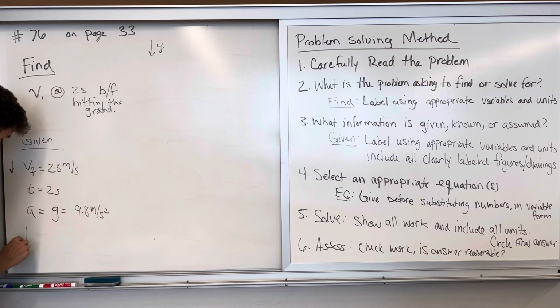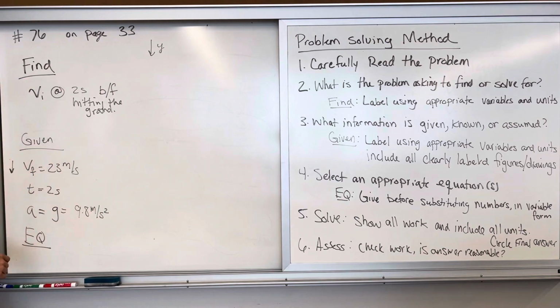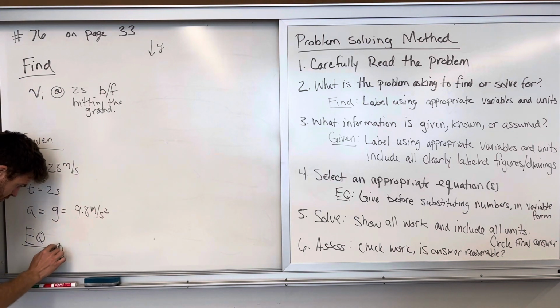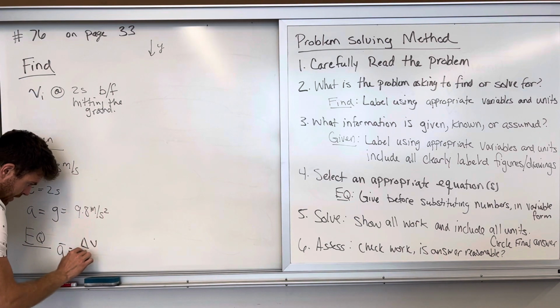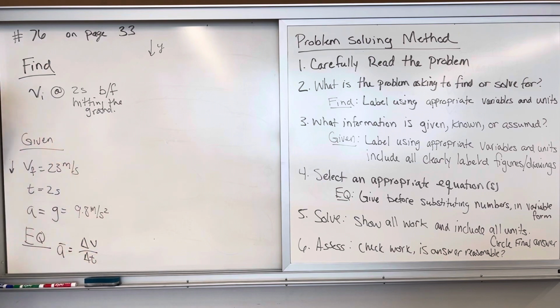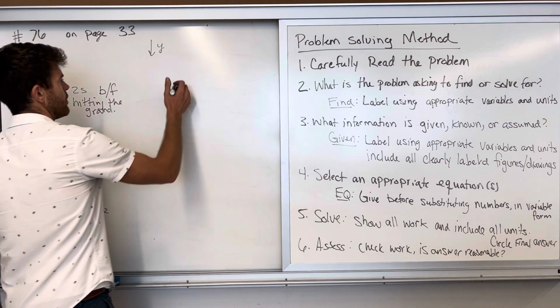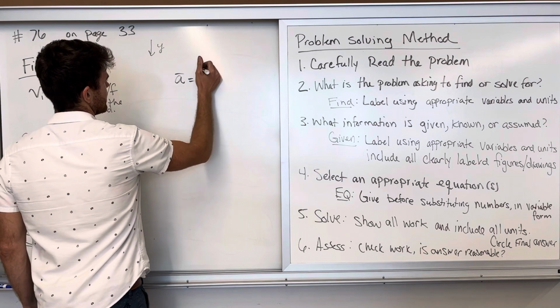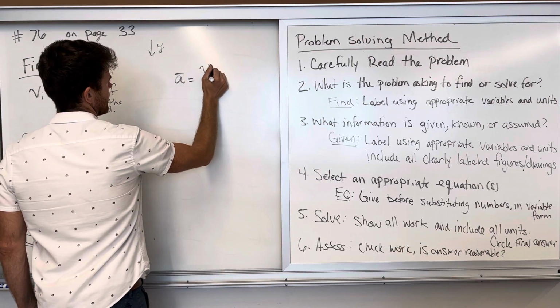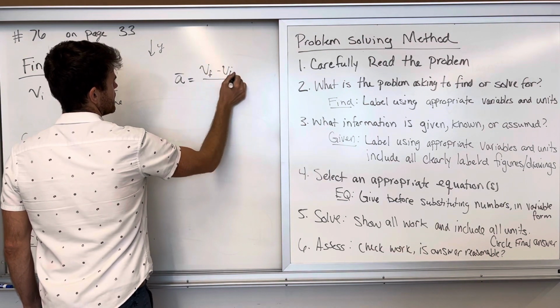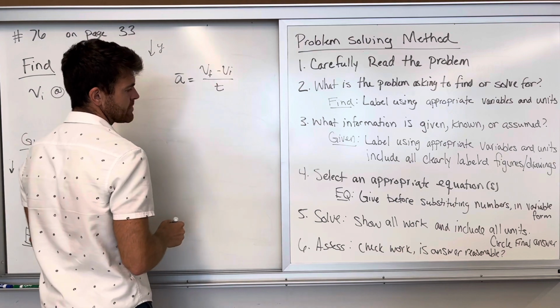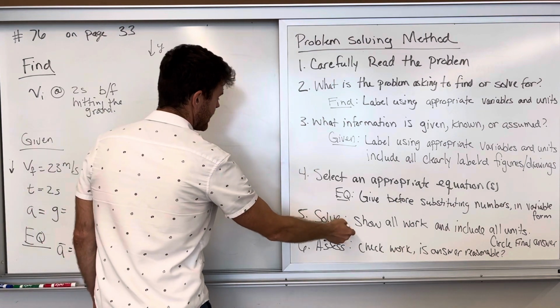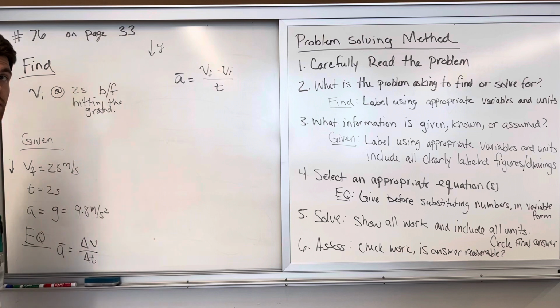All right, and the equation. Well, I think it's the definition of acceleration, change in velocity over change in time. So we have acceleration equals v final minus v initial divided by time. That's our equation. We have to solve this for what we're looking for.